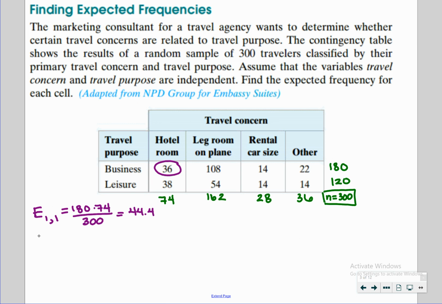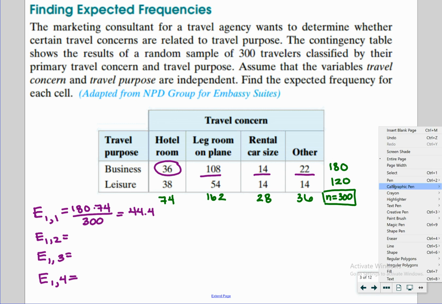Okay, so now we pretty much need to do that 7 more times in this problem. So row 1, column 2, row 1, column 3, row 1, column 4. That would take us all the way across the top.